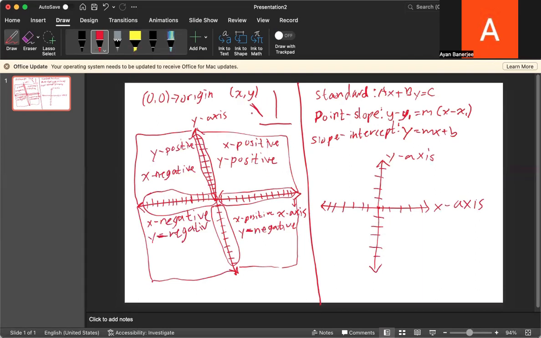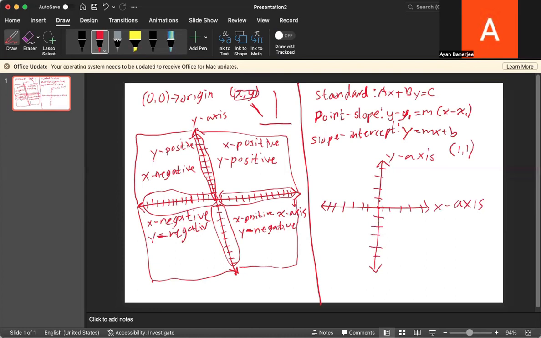So when we want to tell someone where to make a point, we tell them the x value first and then the y value. So let's say we wanted to graph the point 1, 1, which means x is 1 and y is 1.